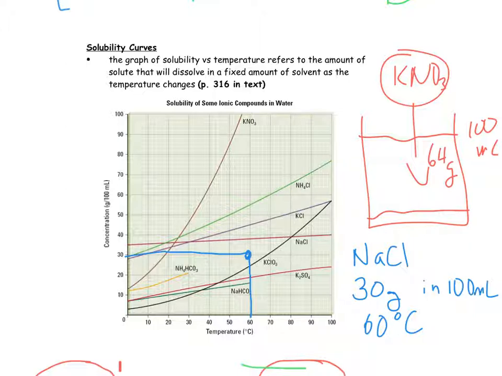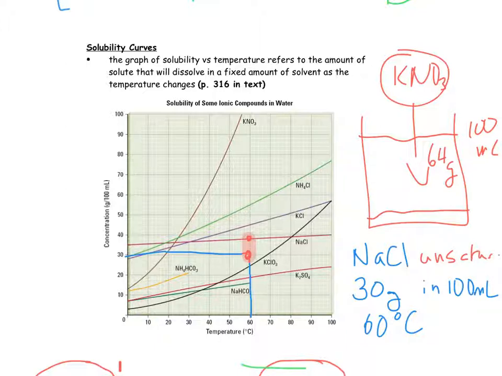Since the maximum amount of sodium chloride at 60 degrees Celsius would be higher than 30 grams per 100 milliliters of water, that tells me there's an amount here that I could add more, right? There's a discrepancy here. I can add a number of grams more than 30 grams. So that tells me that this solution, as I've described it, would be unsaturated.